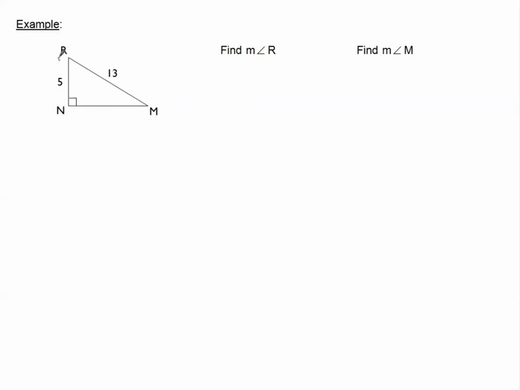I have to decide if I want to stand at angle R or at angle M. It doesn't really matter to me. I need some sort of orientation point, so I'll choose to stand right here. If I'm standing here, then I'm given the adjacent side and the hypotenuse. Well, adjacent and hypotenuse is CAH, so I'm going to set up a cosine equation.